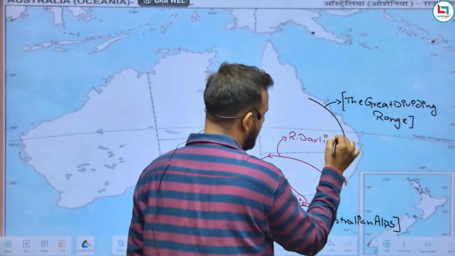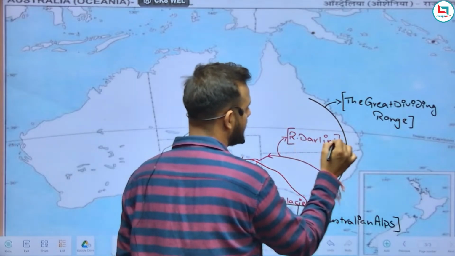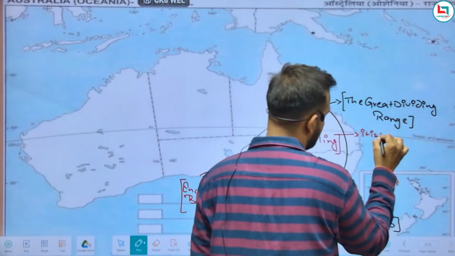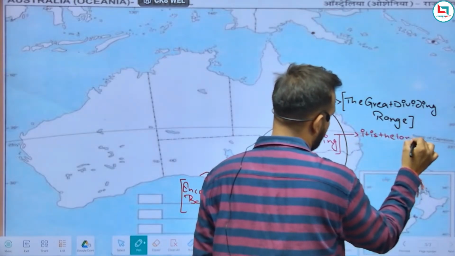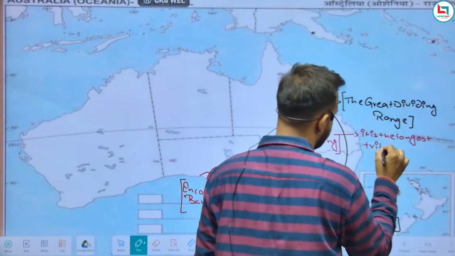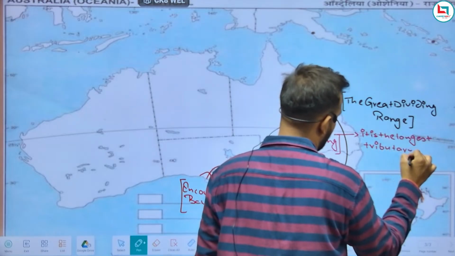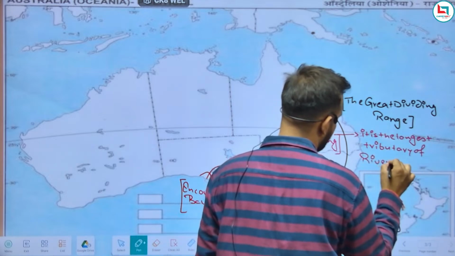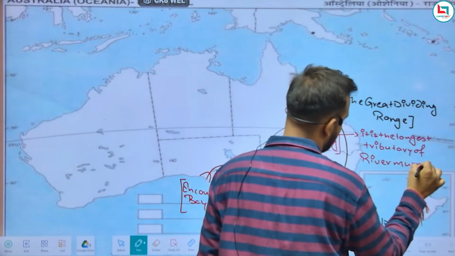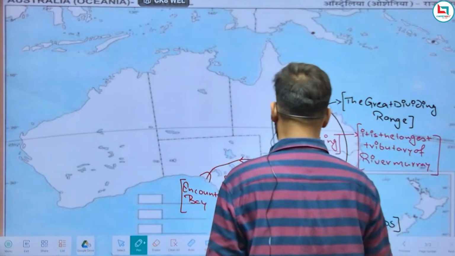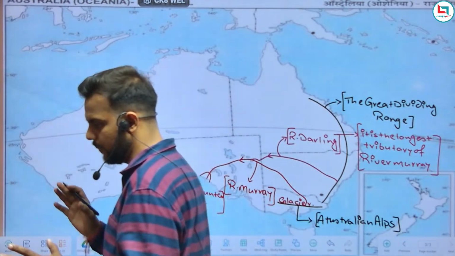Remember guys, Darling is the longest tributary of River Murray.